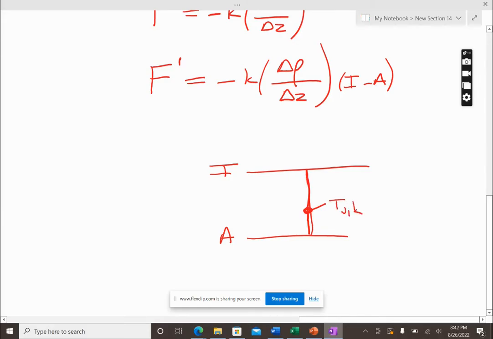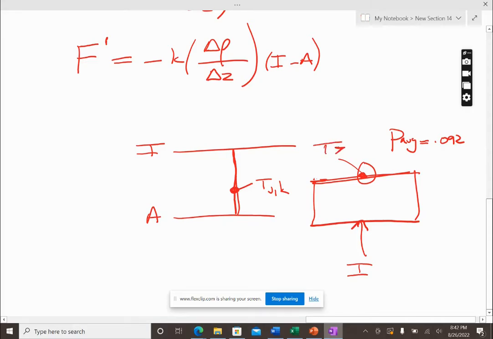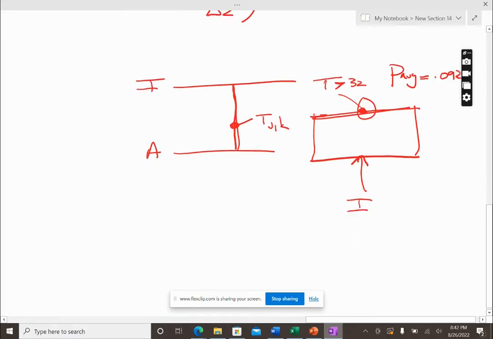If we're looking at a slab and we're measuring TJK at the surface and we're using an input, we know the proportion is relatively constant, so we're going to use P average, which is approximately 0.092. And therefore, we can target a temperature of greater than 32. We want to make this T greater than 32, a design temperature greater than 32.